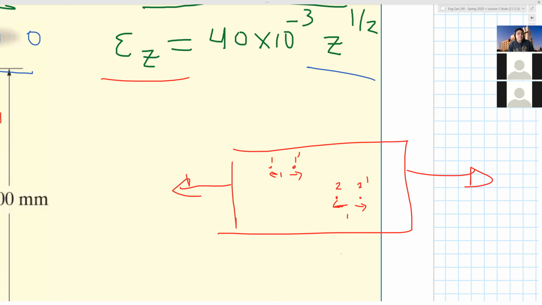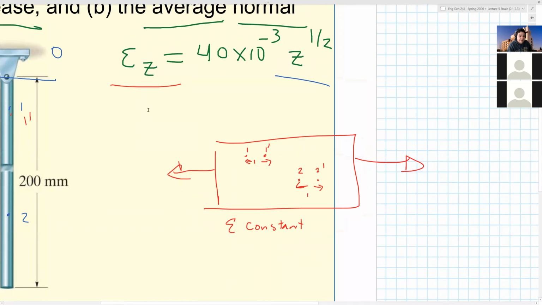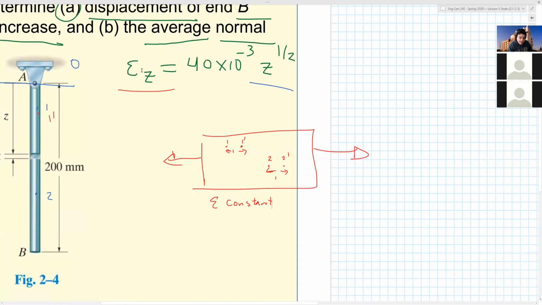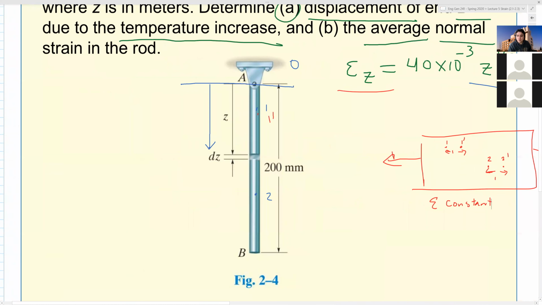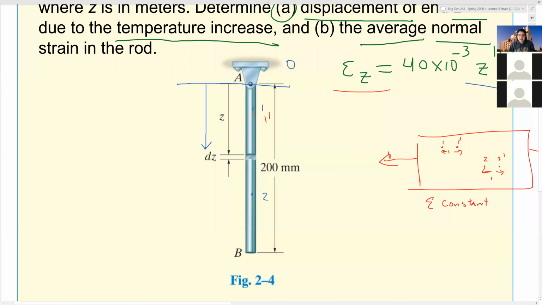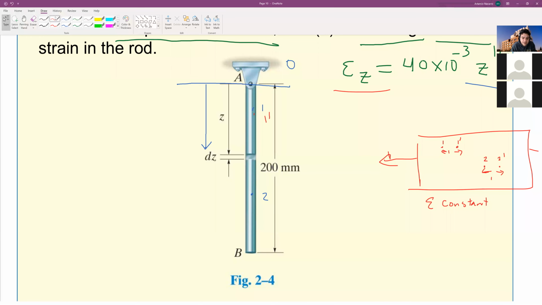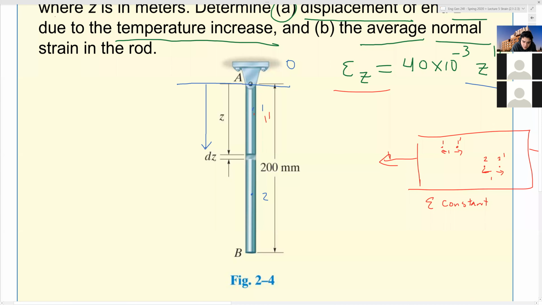But guess what? In this example, strain is dependent on your actual position. So look at your position. It's a function of z, z to the 1/2, or root z. So shouldn't that tell me that point 1 went from 1 to 1 prime, and 2 should go a little bit more down?